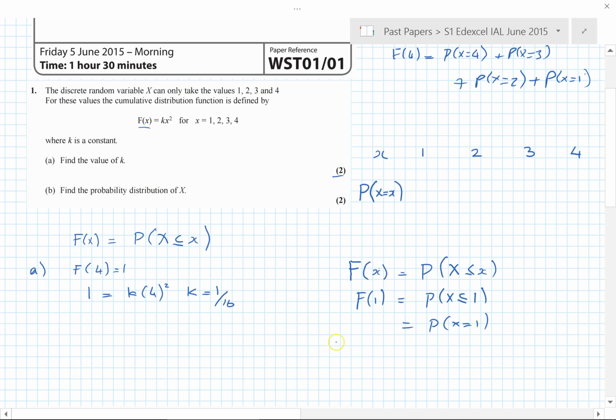We know the function is 1 over 16 x squared, so F(1) is 1 over 16 times 1 squared, which equals 1 over 16. So we have 1 over 16 there.